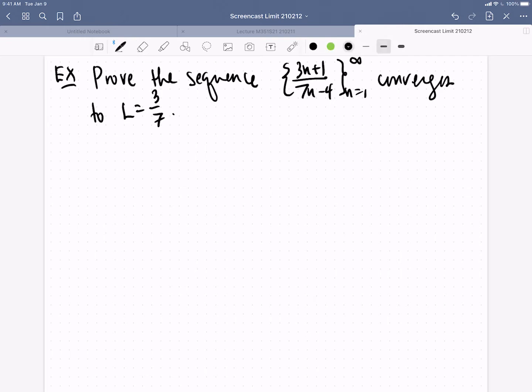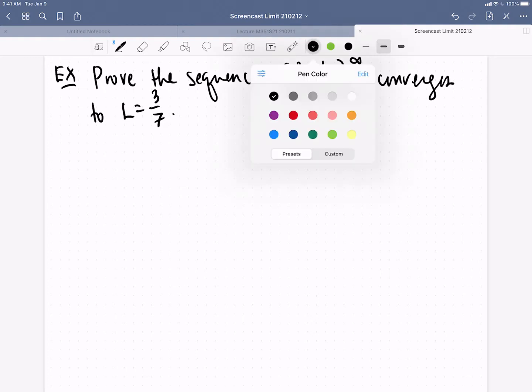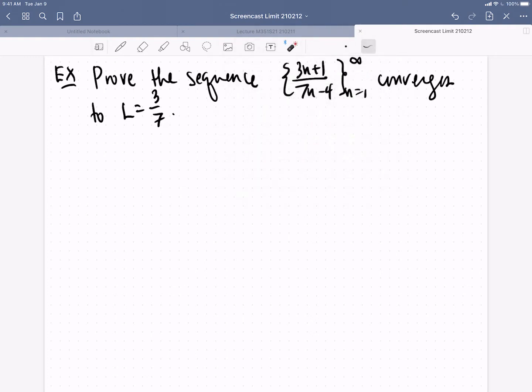In class, I said something I want to expand on a little bit. I said you can look at this and see that the limit is 3/7 by using L'Hopital's rule. Well, technically, since n is just a natural number, this isn't a differentiable function. However, you can think of a sequence as a sampling of a function.